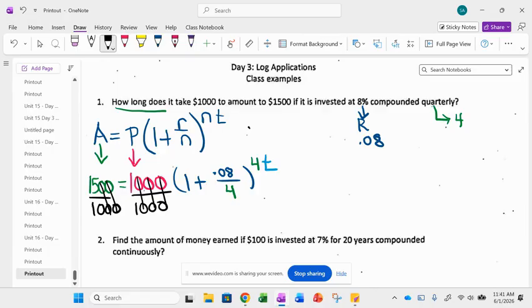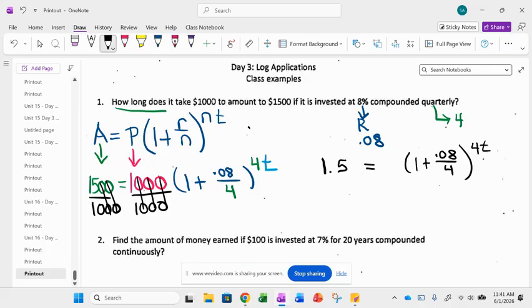So we are going to get 1.5 is equal to the quantity of 1 plus 0.08 over 4 raised to the 4t power.